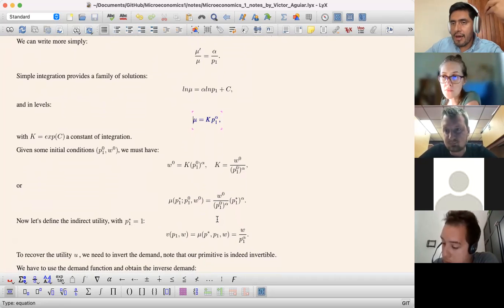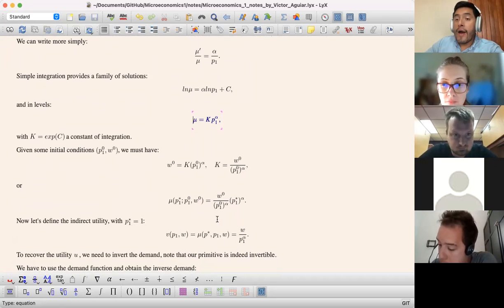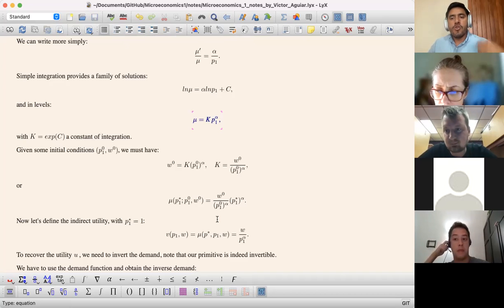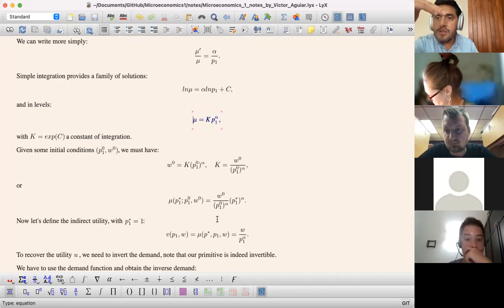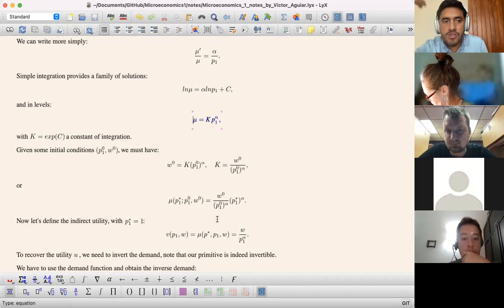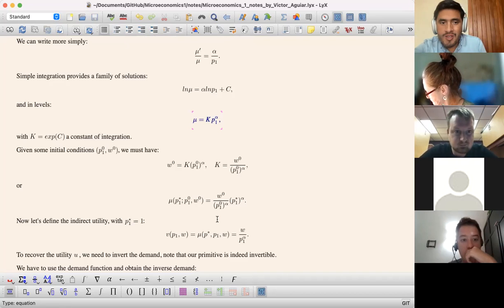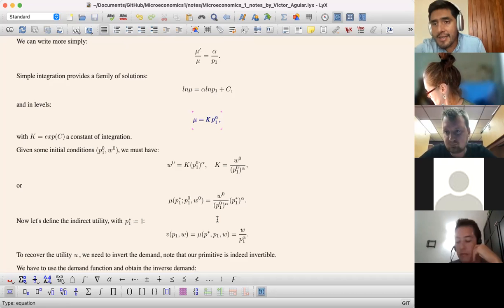This object is still not a direct utility. Why? Because I have to be able to allow for income changes, right? So here I just allow price changes. I have to understand how this changes with income. So I have this constant of integration k that obviously has to be related to the income level. The income level so far we haven't paid attention to, but remember that the original demand we were given with the Cobb-Douglas has an income level, a particular number.